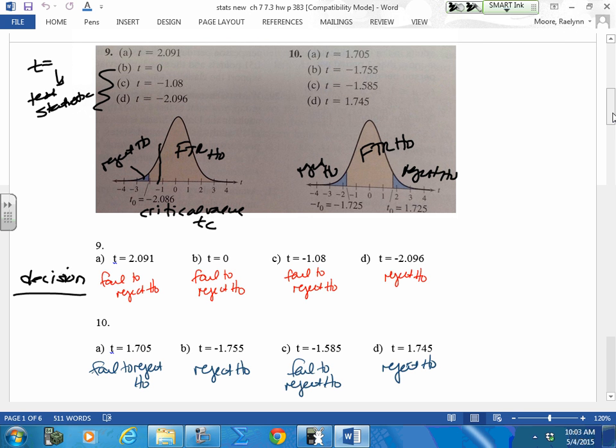Negative 1.755, that's to the left of that. That's in your reject H0. Negative 1.585, that's in your fail to reject H0. And then the last one falls slightly to the right of the other critical value cutoff. Reject H0. We're all doing pretty good here.